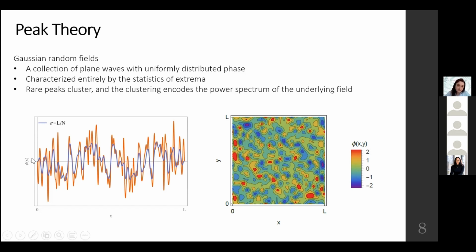So we see that this field is centered around 0. All of the modes in the Fourier decomposition of this random Gaussian field are interacting.